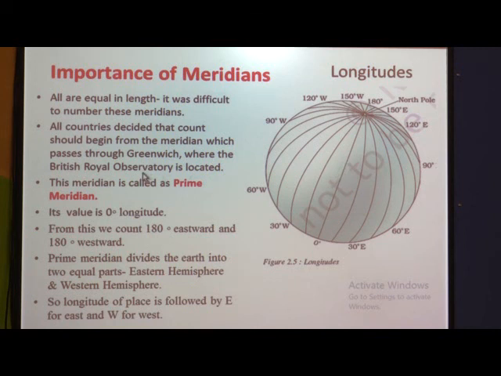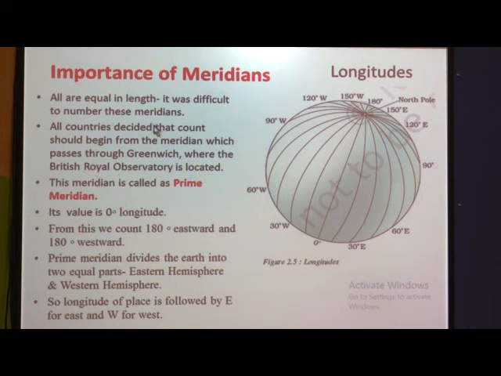So what all countries did, they decided that the count should begin from the meridian which passes through Greenwich, where the British Royal Observatory is located, and this meridian is called the prime meridian.